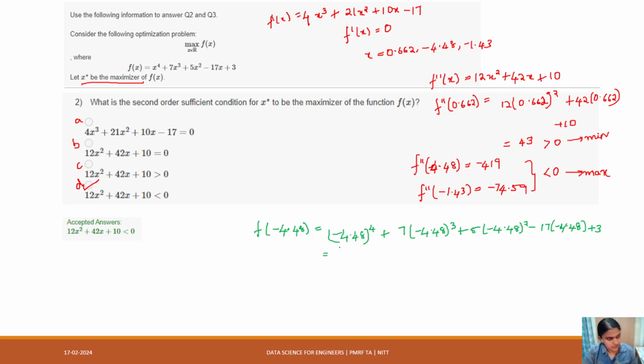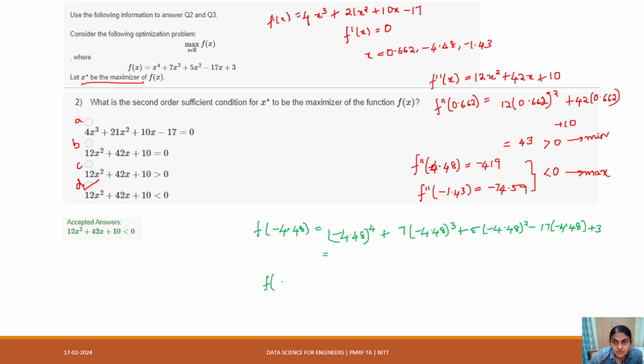So just find out the answer. It can take a moment. So similarly you can find out the answer.